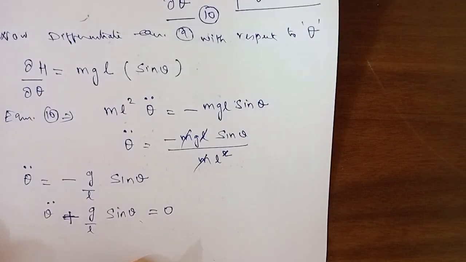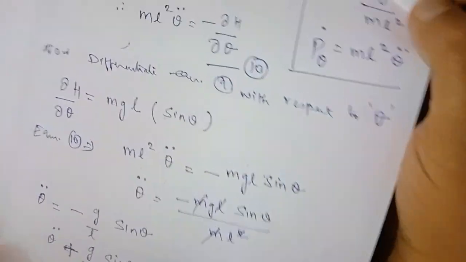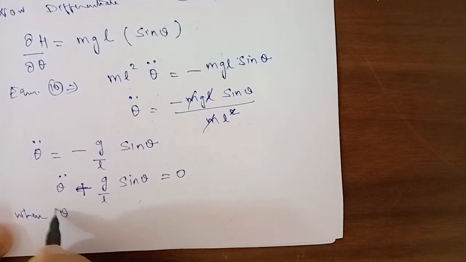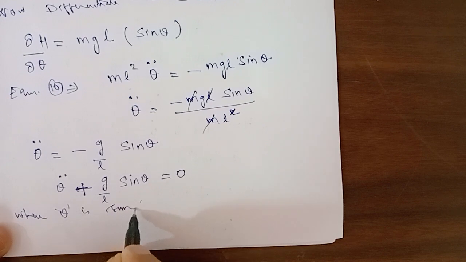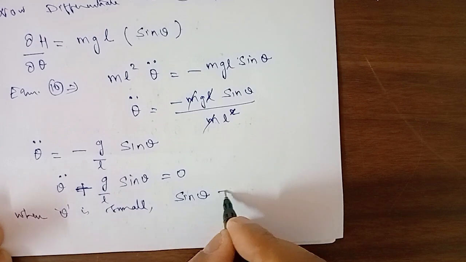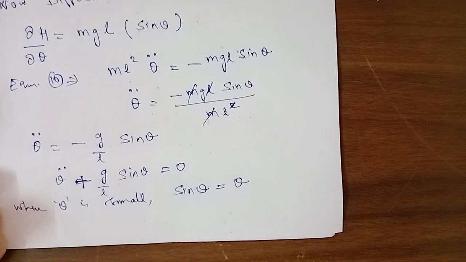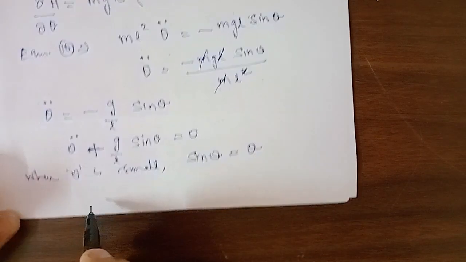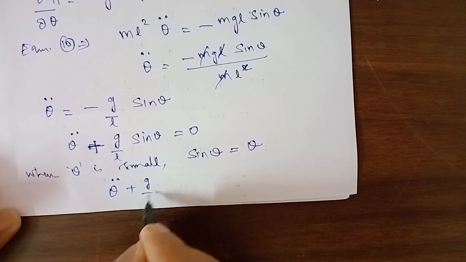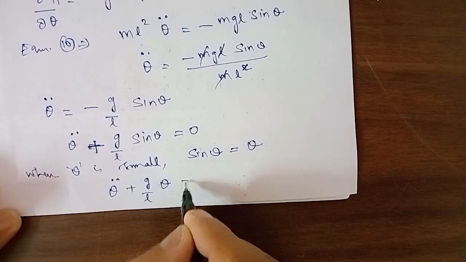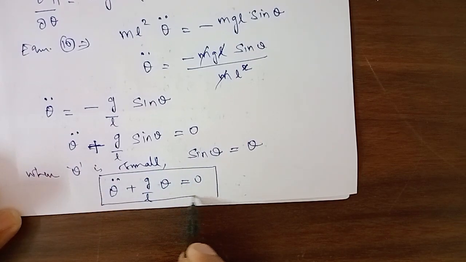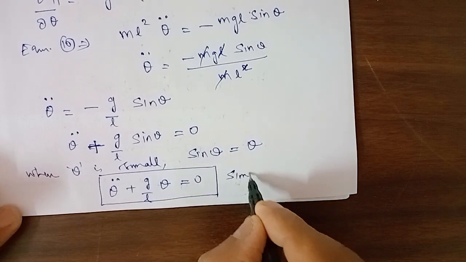Now, when the vibration is small, that is when theta is small, sin theta is equal to theta. Therefore theta double dot plus g by l into theta equal to 0, which is nothing but the equation of motion for a simple pendulum.